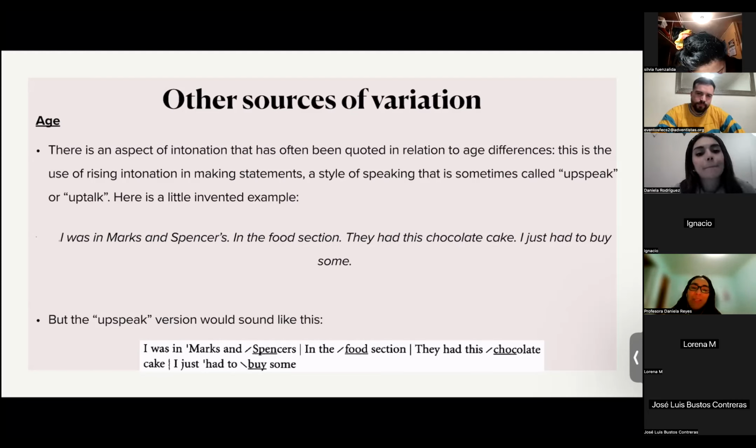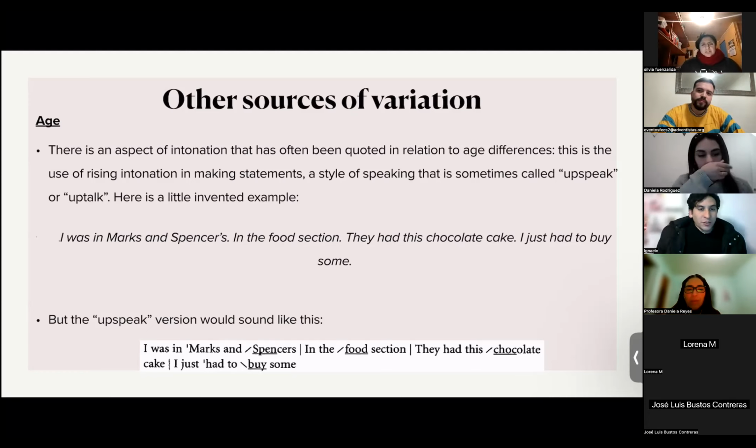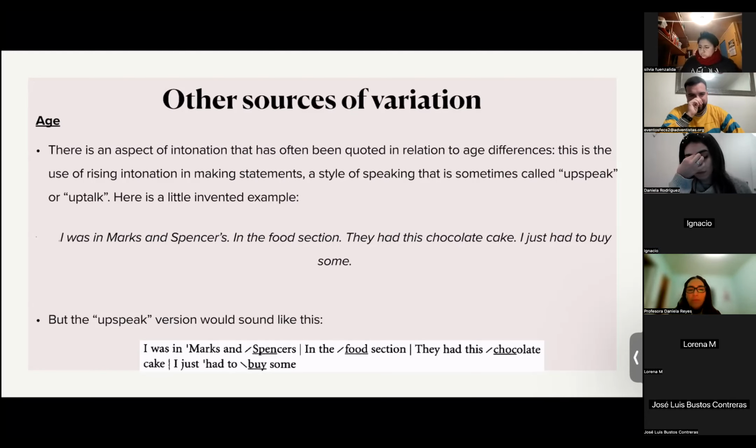I was in Marks Spencer in the food section. They had a chocolate cake and just had to buy some. Good. Nacho. I was in Marks and Spencer's in the food section. They had this chocolate cake. I just had to buy some. Yes. Lore. Okay, again. I was in Marks and Spencer's in the food section. They had this chocolate cake. I just had to buy some.